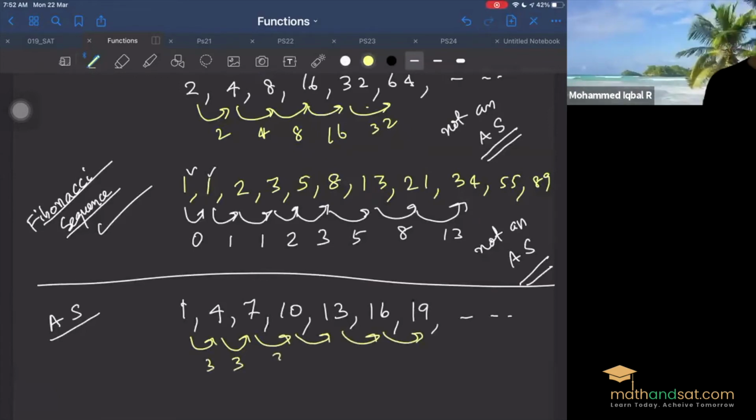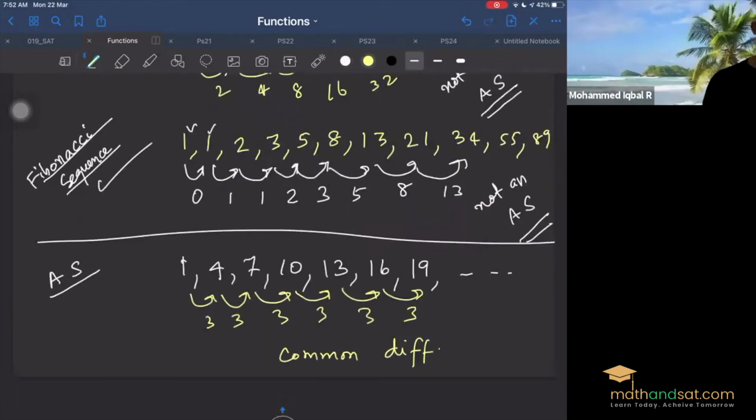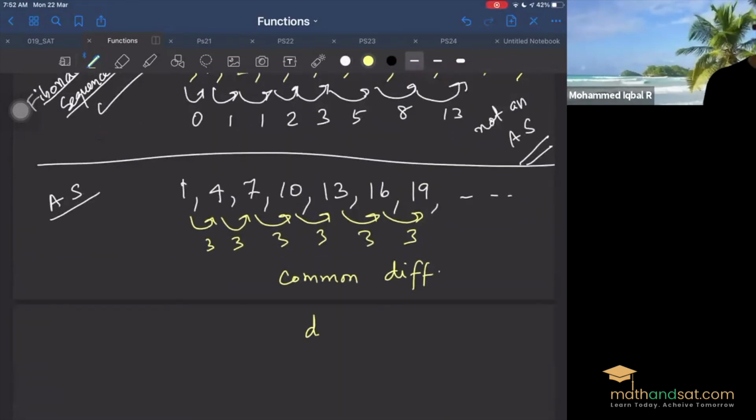So this is 3, 3, 3, 3, 3. This is what we call the common difference. It is usually represented as d. So in this case, d is equal to 3. This is what we call the common difference of the arithmetic sequence.